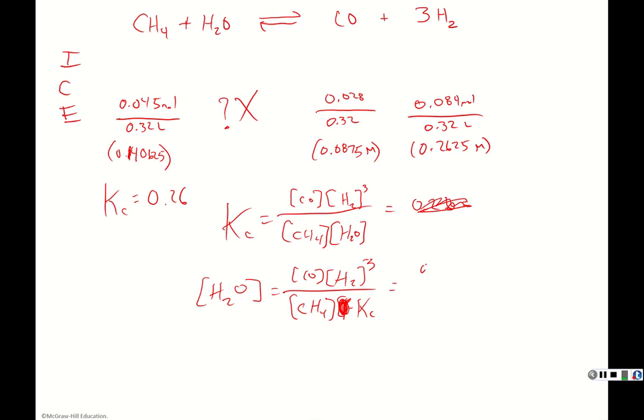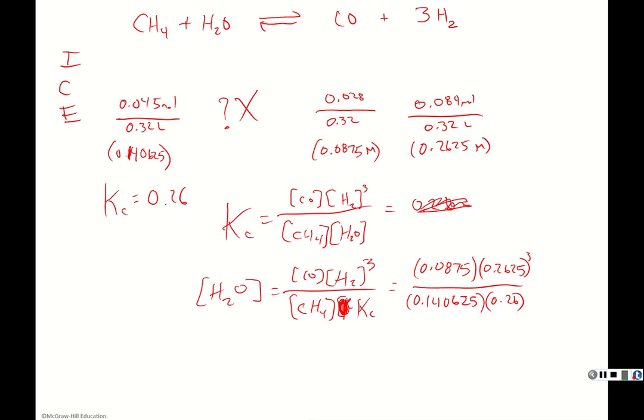So 0.0875 times 0.2625 to the third power, divided by 0.140625 times Kc, which was 0.26.